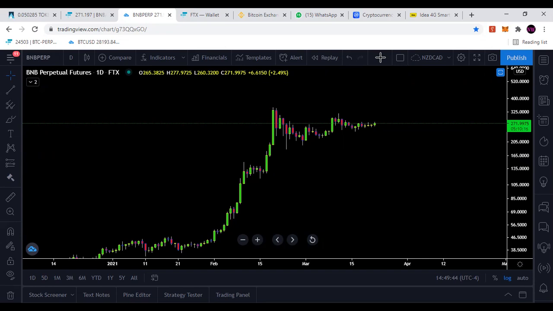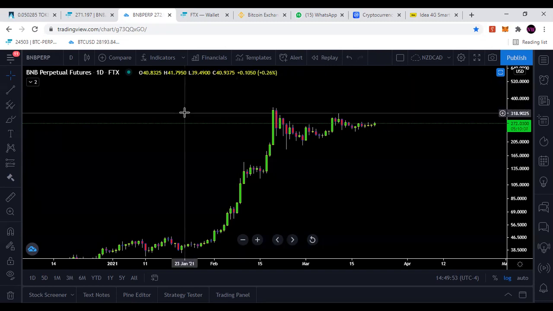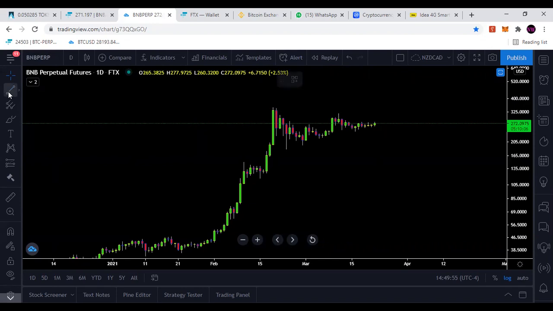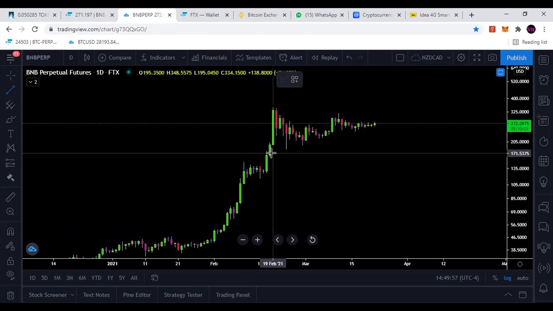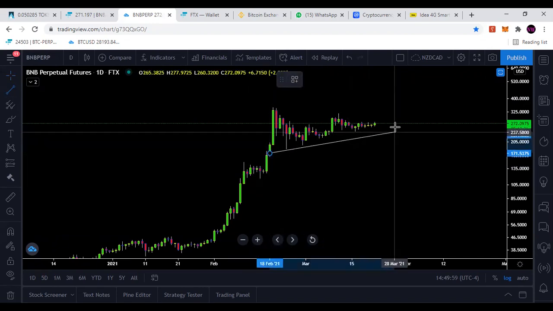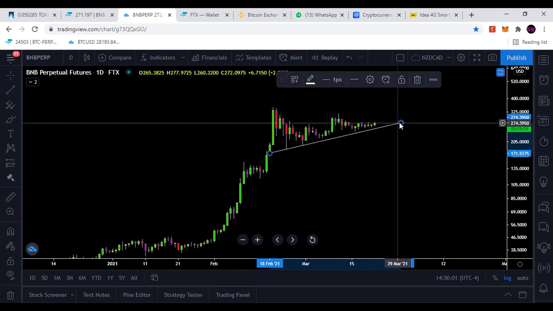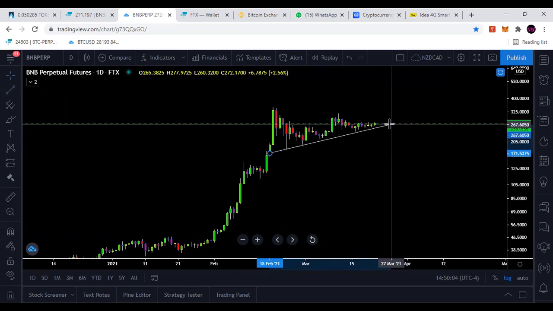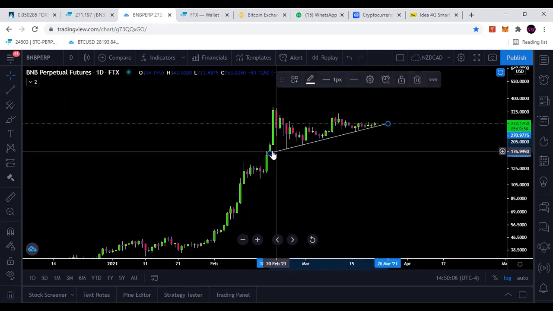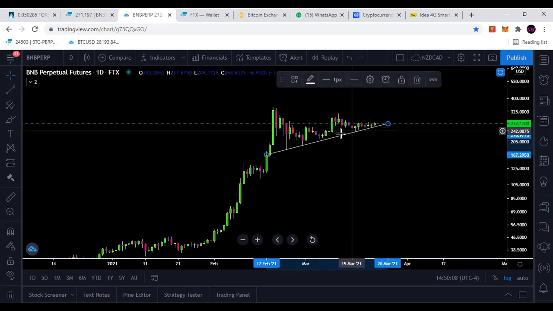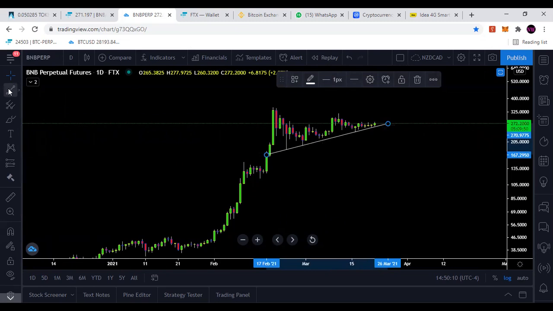The first thing you need to consider is the flag. The flag has two diagonal lines. One is upsloping, and the upsloping line is the support.